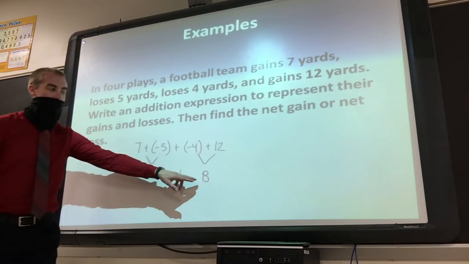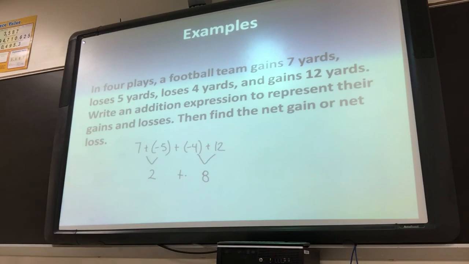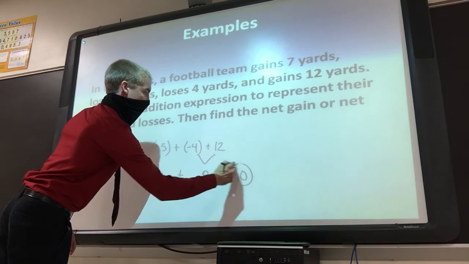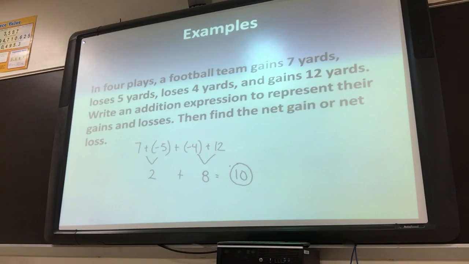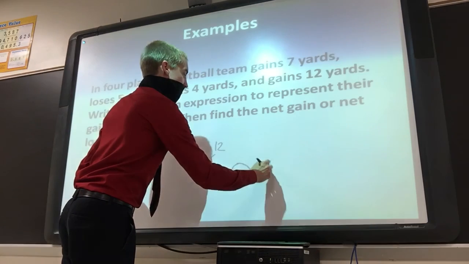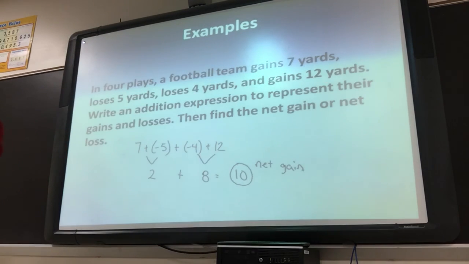And that's going to be a positive 8 because 12 is bigger. So the last thing you do, 2 plus 8 would be positive 10. Since it is positive 10, would it be a net gain or net loss? Net gain. So they gained 10 yards from where they started.